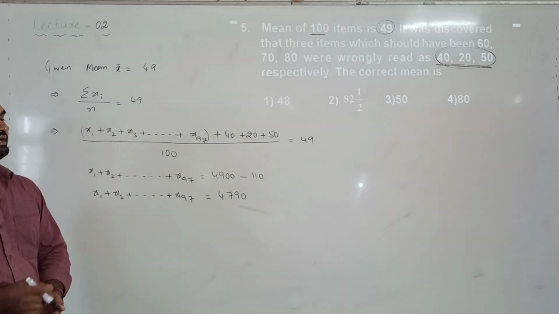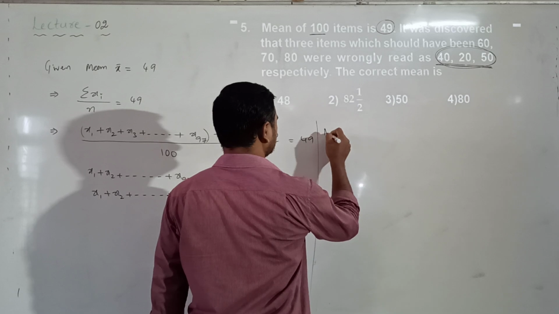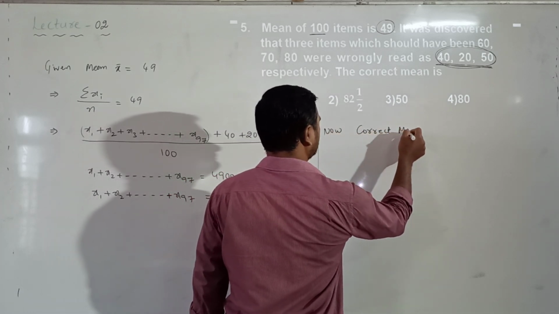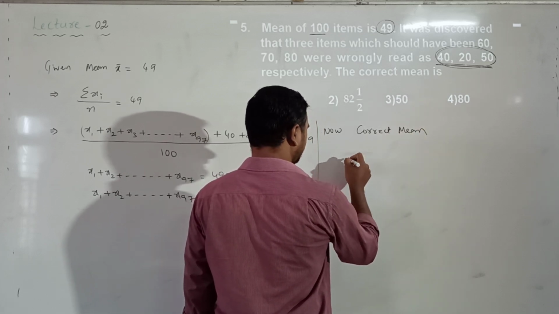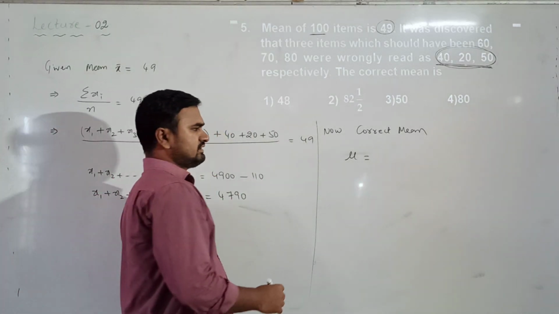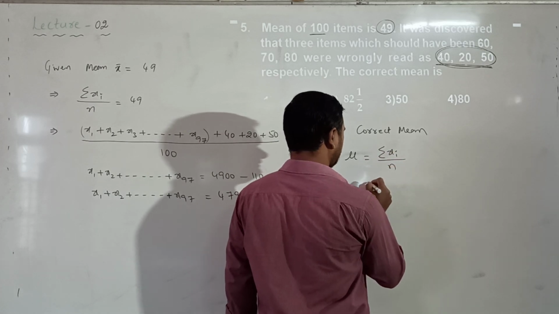Now we need the correct mean. Suppose we take it as mu, the correct mean. So what is the correct mean? Again sigma xi by n.